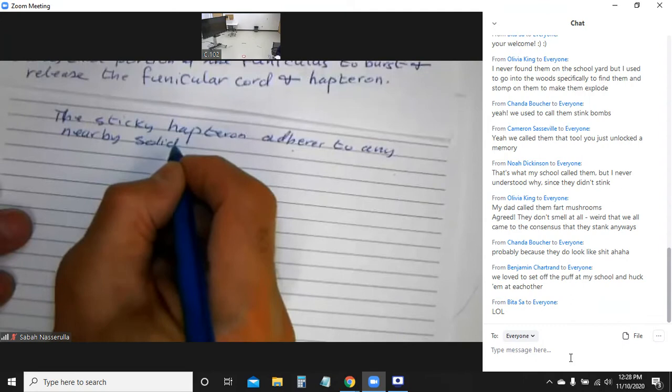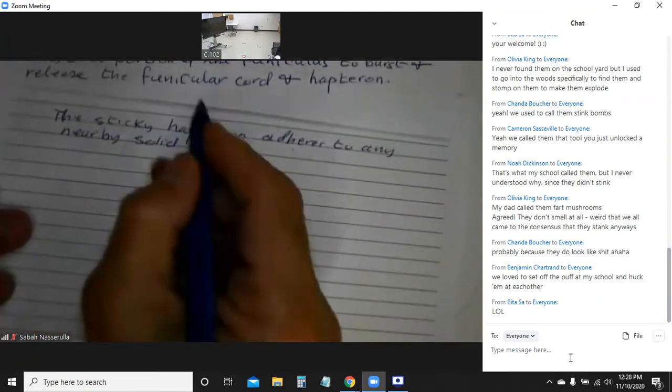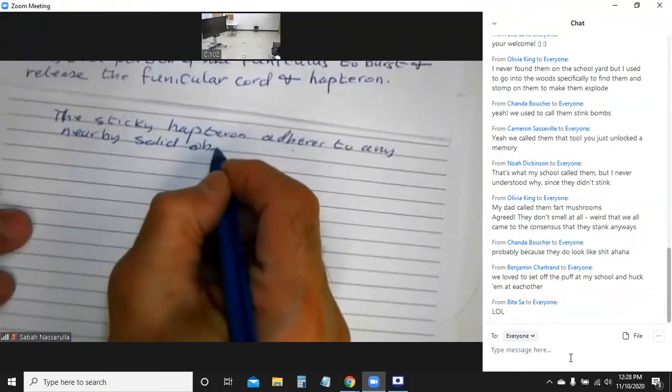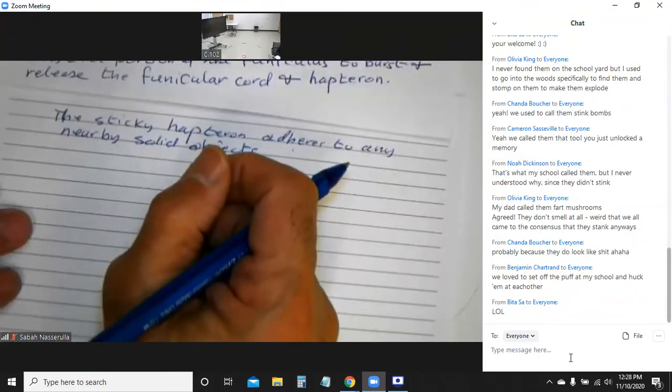And of course, the solid object here could be mostly plant, herbs, whatever it is. Solid objects.